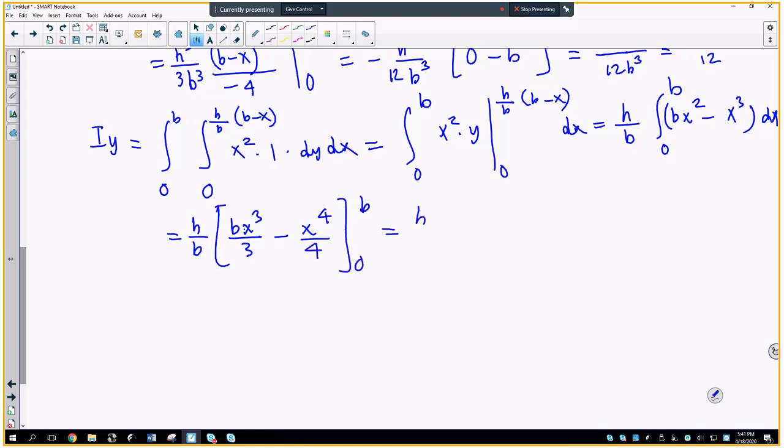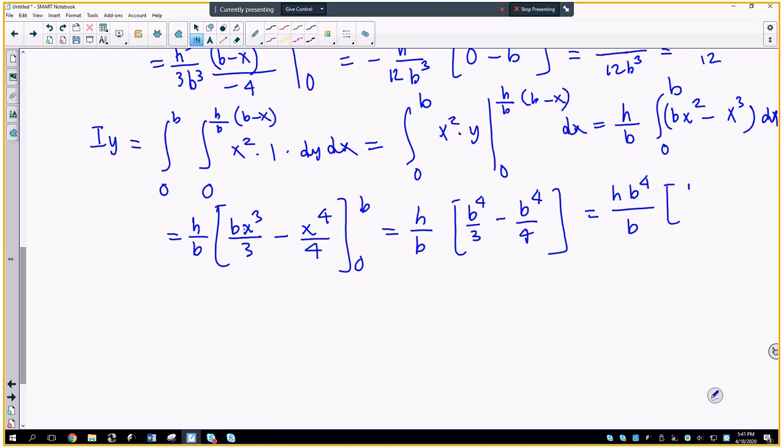So I get h over b times, when I put in the upper limit, I get b to the power 4 over 3 minus b to the power 4 over 4. If I put 0, I don't get anything. And this is the term that we're going to simplify. So we will get h times b to the power 4 over b times 1/3 minus 1/4.